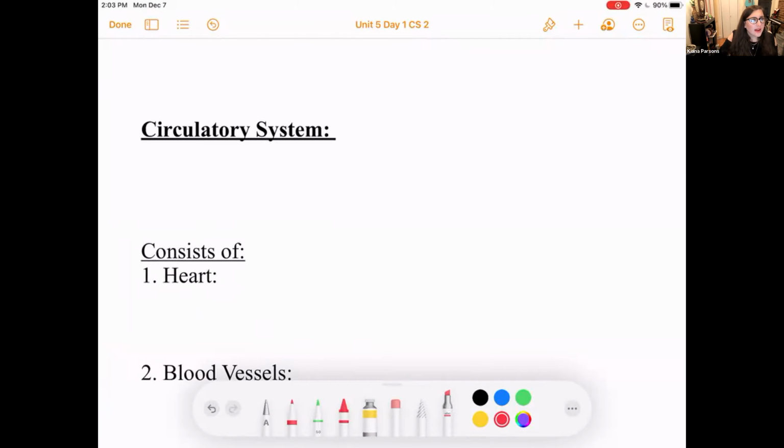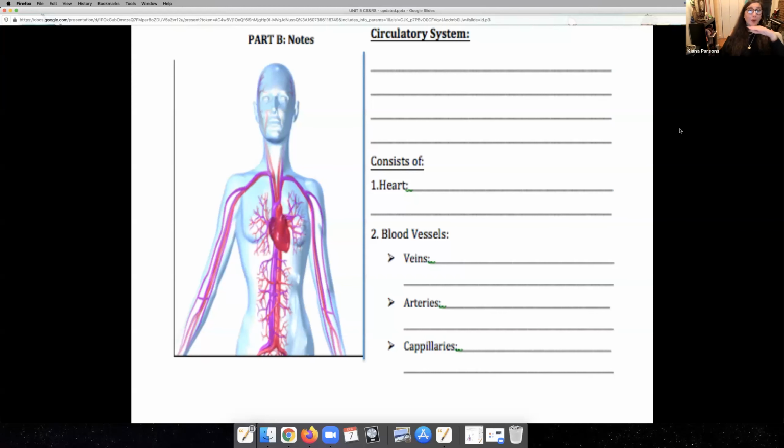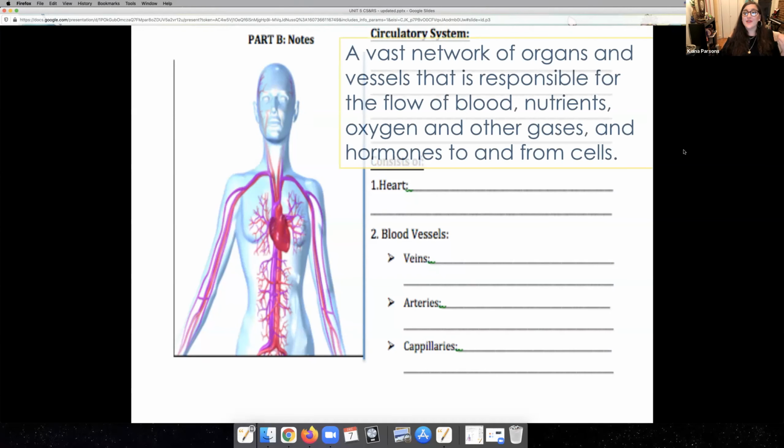All right, I'm actually going to show this to you a little bit differently. So we're taking a look here at our circulatory system. And our circulatory system is a vast network of organs and vessels that is responsible for the flow of blood, nutrients, oxygen, and other gases and hormones to and from cells.